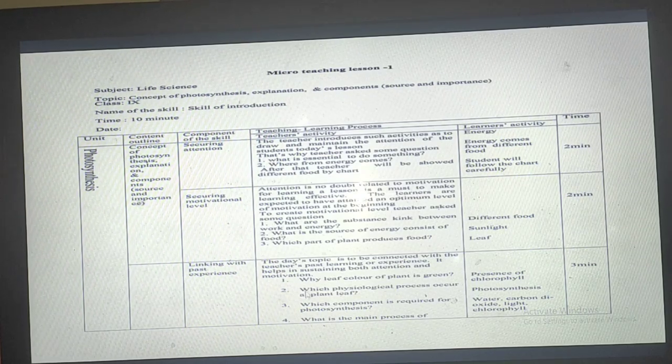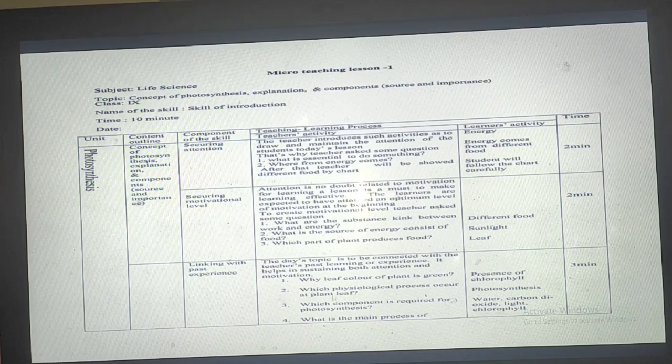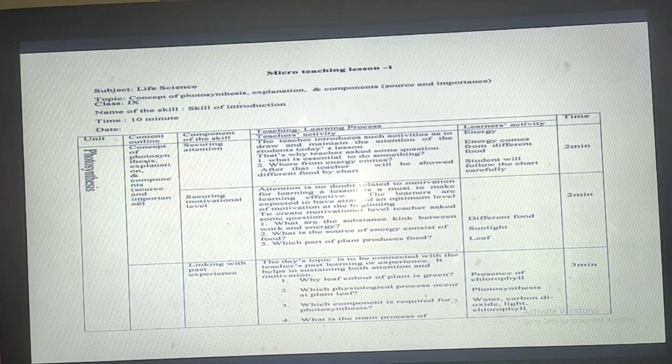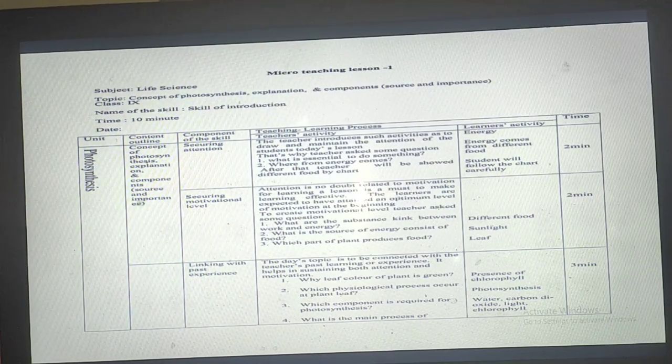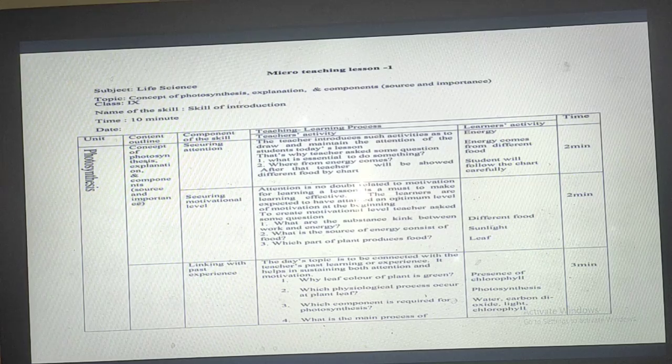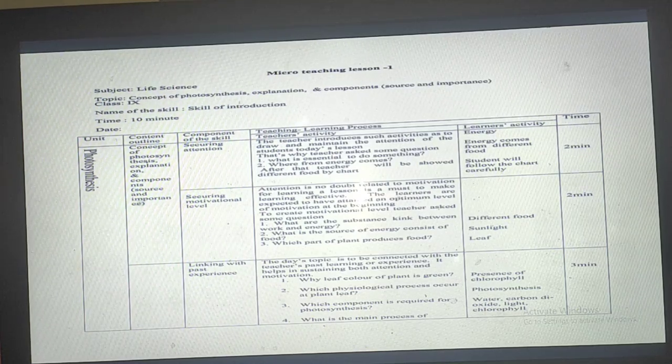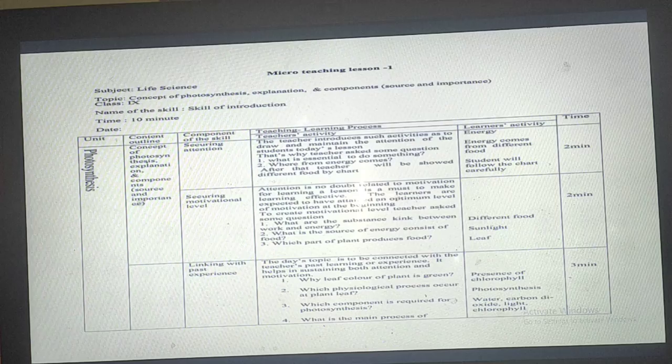In lower classes, they also learn what biological processes are found in a plant, which biological process can produce food, and to prepare food, which particular components are required. These are some questions students have also learned in lower classes.